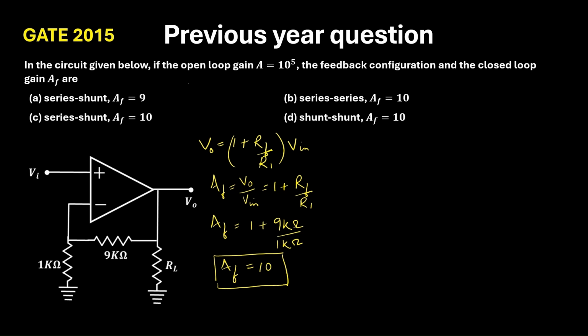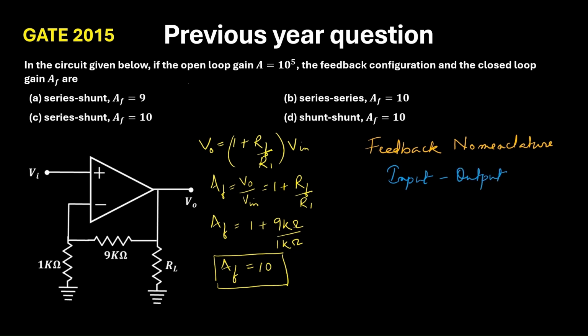Now, for the feedback configuration, we need to understand the nomenclature. The feedback nomenclature, we write like this: the information of the input and the information of the output.